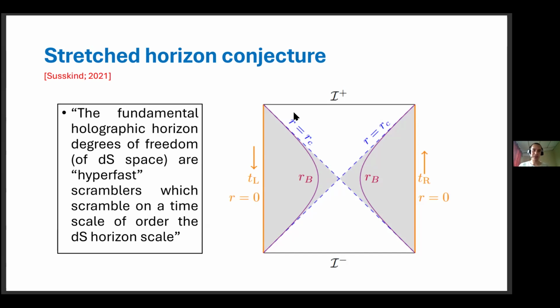The first one tells you that the fundamental degrees of freedom for dS2 space are hyperfast scramblers. In fact, it is thought to be more general than two dimensions, but they are hyperfast scramblers in the sense of OTOCs, where you have the scrambling time as a notion, with an exponential decay for the out-of-time-order correlators. The time scale of the scrambling, where you have this dissipation of information, is of the order of the dS horizon.